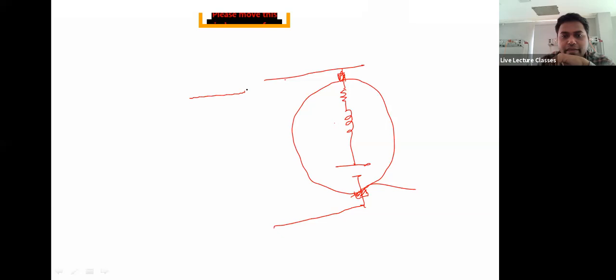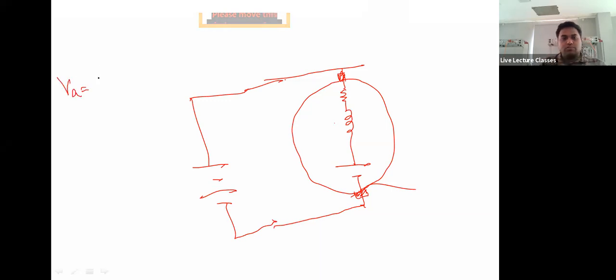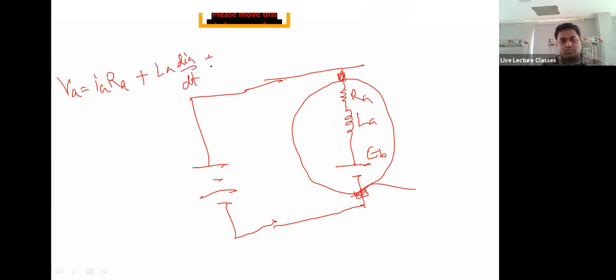So if you are applying a field voltage here, armature voltage here, what would that be equal to? V armature would be equal to IA RA, right? This would be RA, this would be LA, this would be EB, say, back EMF, plus EB, plus actually the brush drops.